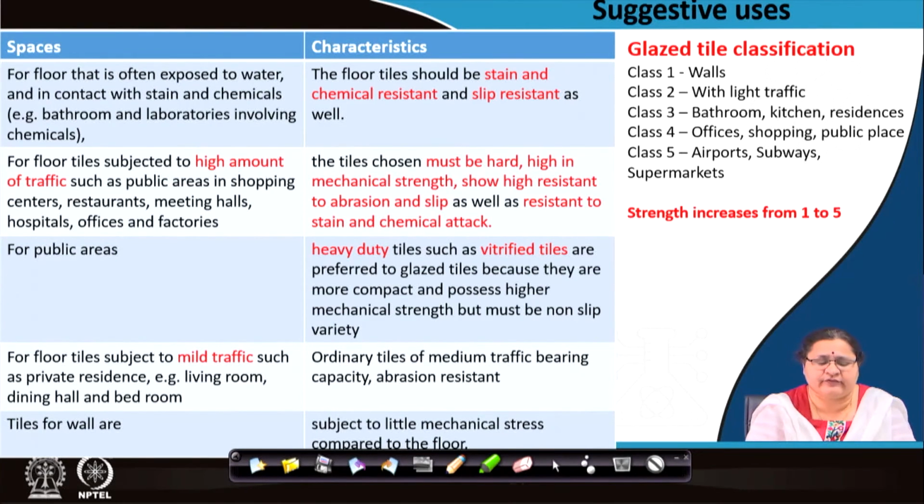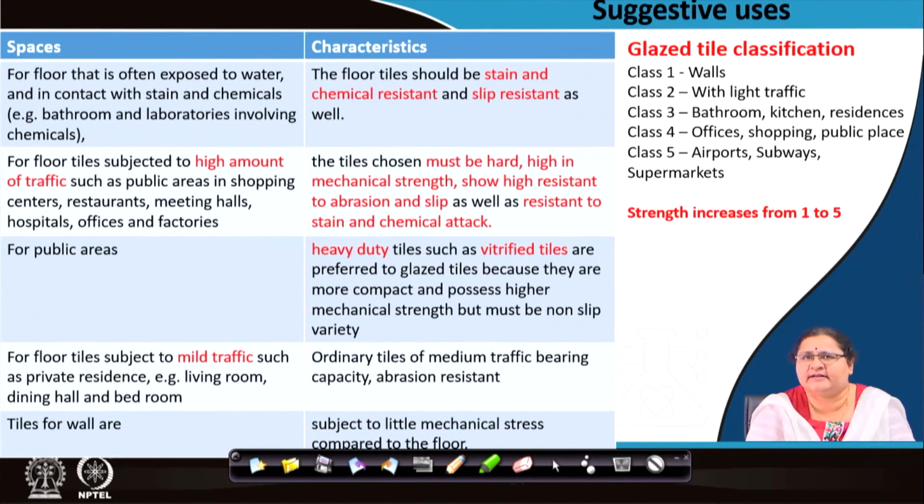So, that kind of flooring will be desired. For public areas, you require heavy duty, maybe vitrified tiles. For busy areas, airports, railway stations, you require vitrified tiles. And there is another bunch which is mild traffic, not many people visiting. Will you go for such expensive items? No. You will go for maybe class 2 tiles.